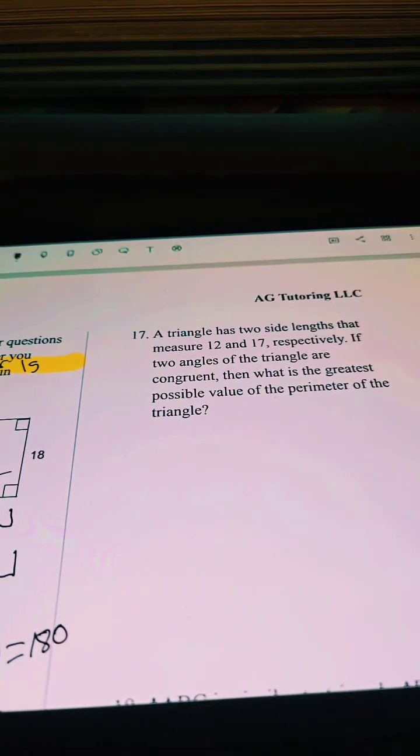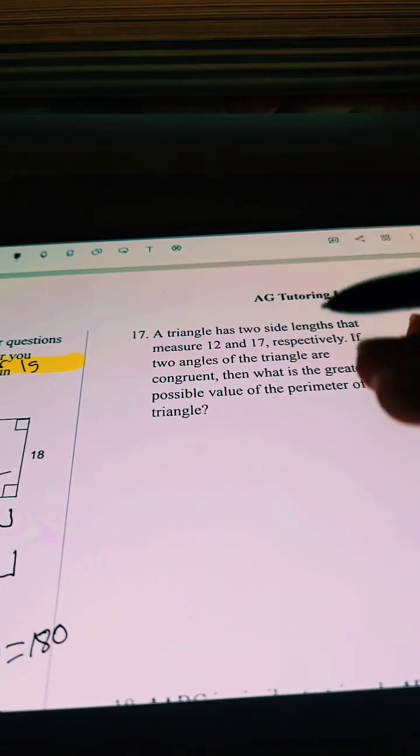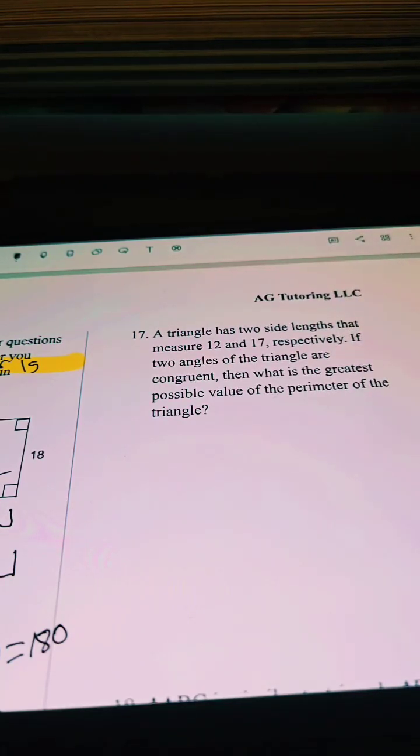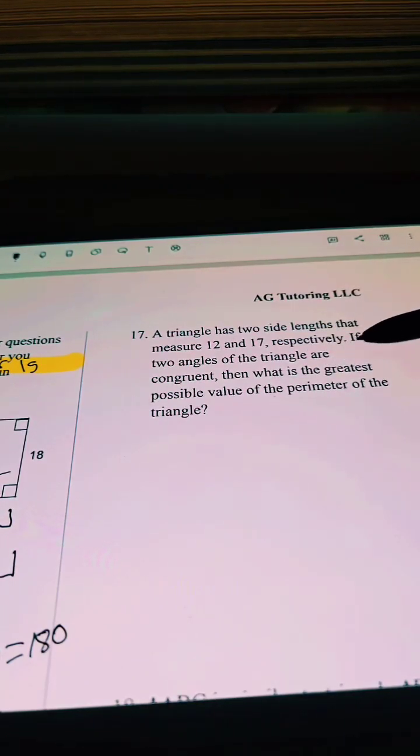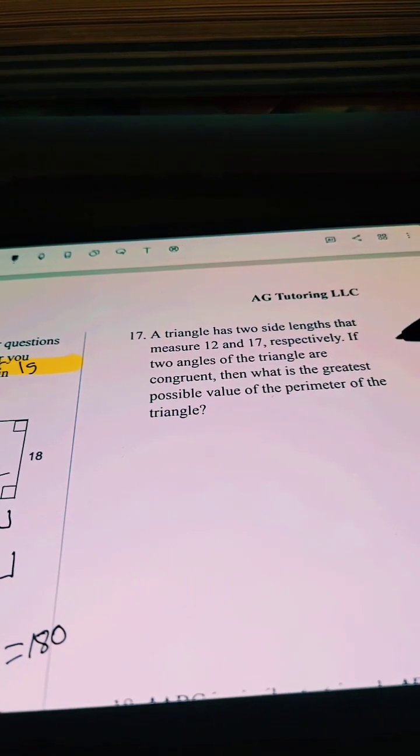You have to remember that angles in a way match up with the side lengths that they're across from. So if two of the angles are congruent, that means the two side lengths across from them have to be congruent as well.